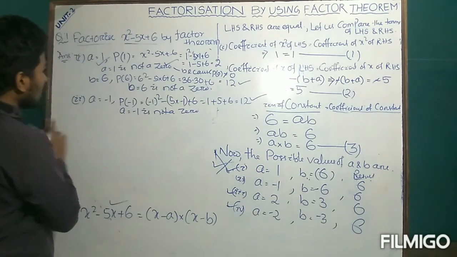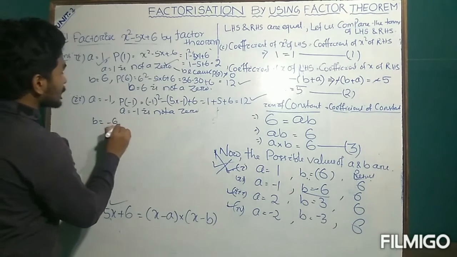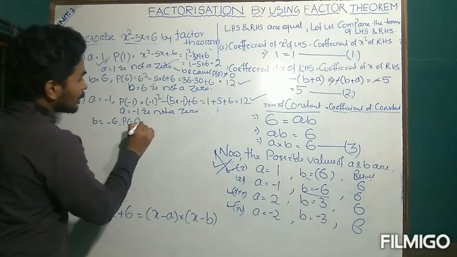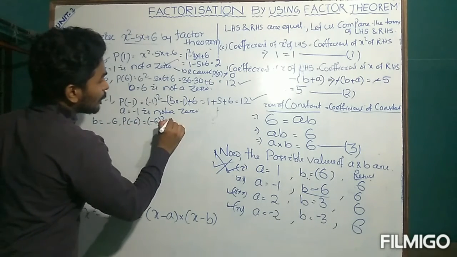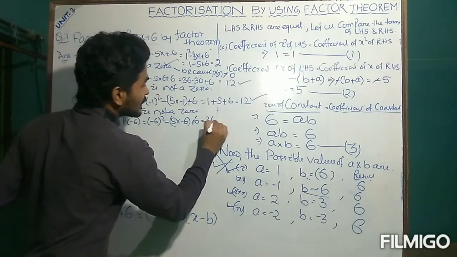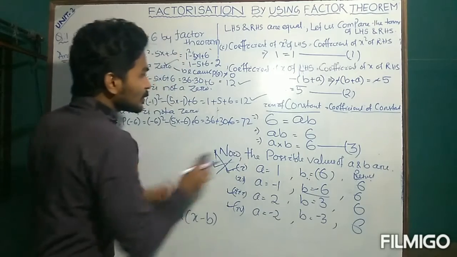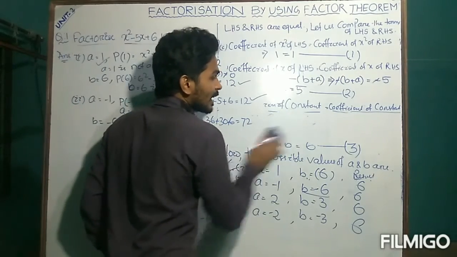Similarly, you can go for b is equal to minus 6, the second part, and find the value of the remainder. It will be minus 6 square minus 5 into minus 6 plus 6, which is 36 plus 30 plus 6, that is 72. Here also we didn't get 0 as remainder.